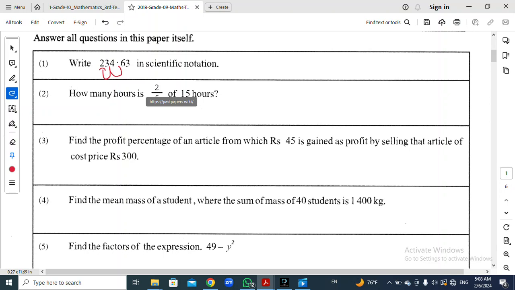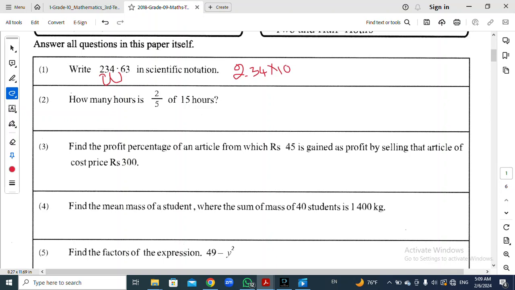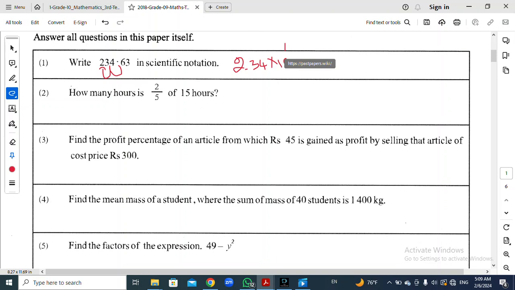Because of that, here we are going to write 2.3463 into 10 to the power, we changed 2 places, so here it's plus 2.